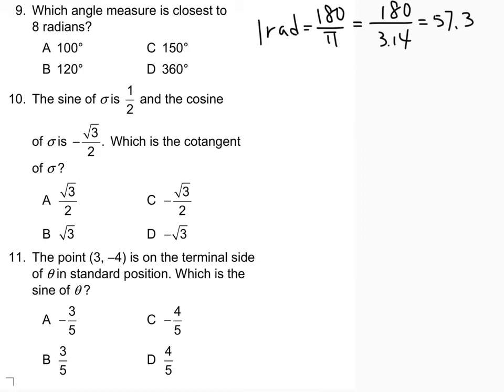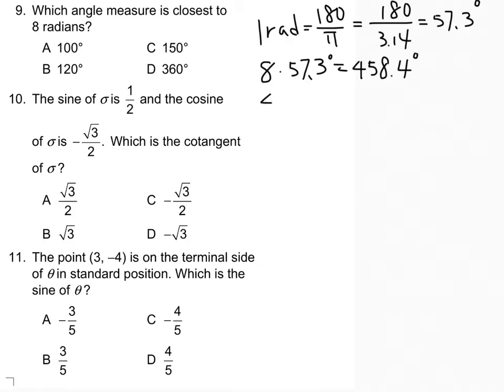So which angle measurement is close to 8 radians? So 8 times 57.3 degrees equals 458.4. So 458.4 is greater than 1 revolution.